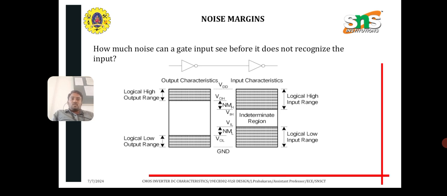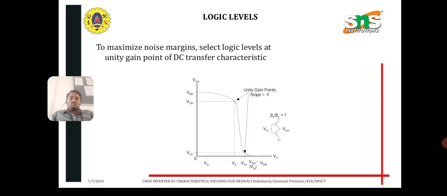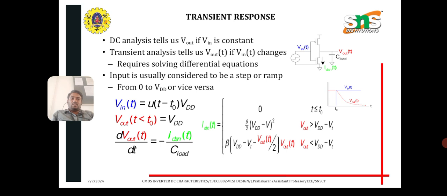Here you can see the types of noise margin: high level noise margin and low level noise margin. This is the logic level. To maximize noise margin, select logic levels at the unity gain points of the DC transfer characteristics.